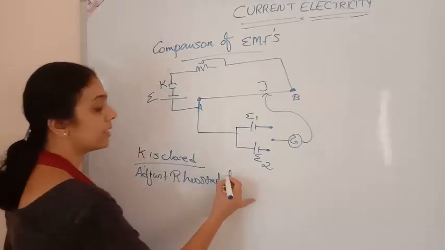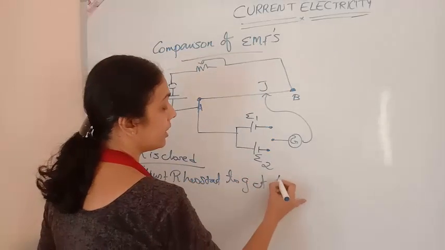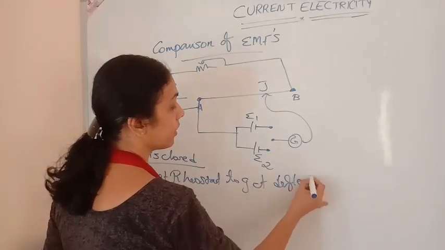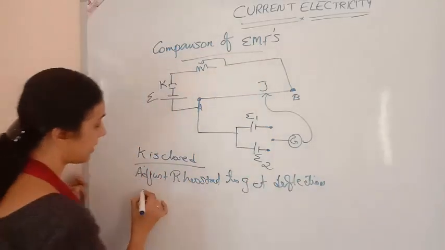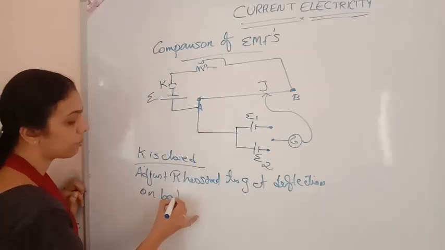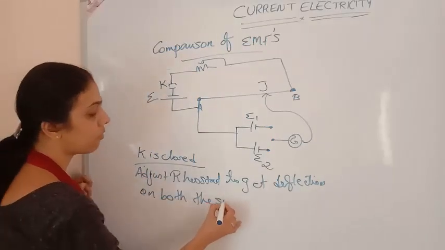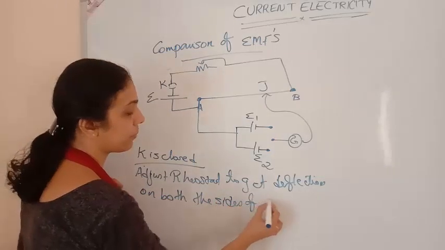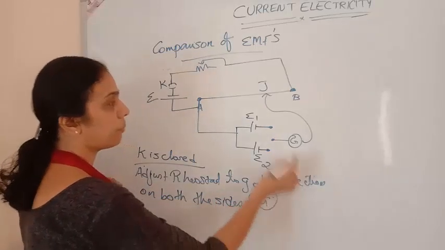to get deflection on both sides of the galvanometer.